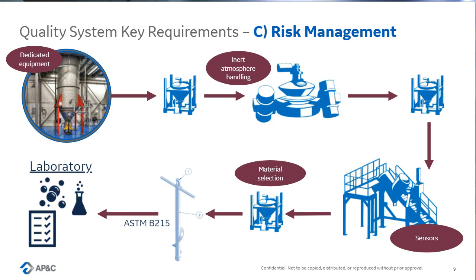One of them is dedicated equipment. Having equipment that is dedicated to some materials prevents the risk of cross-contamination. Also, material selection, ensuring that the way you build your systems and the material you select that will be in contact with powder will not cause any erosion and any contamination to the powder itself.